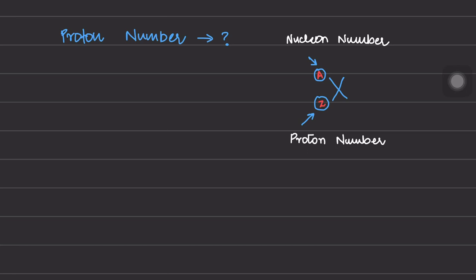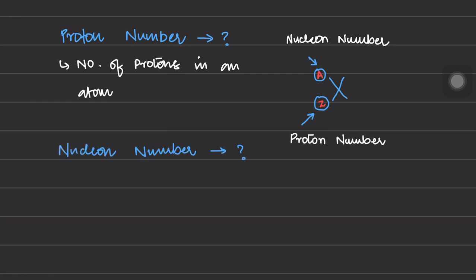Very straightforward, very simple. Then we have the nucleon number. What do we mean by a nucleon number? The nucleon number is the number of nucleons which we have in an atom.